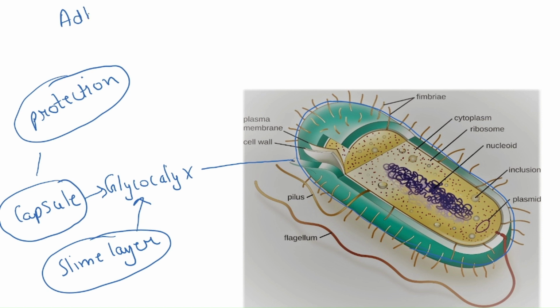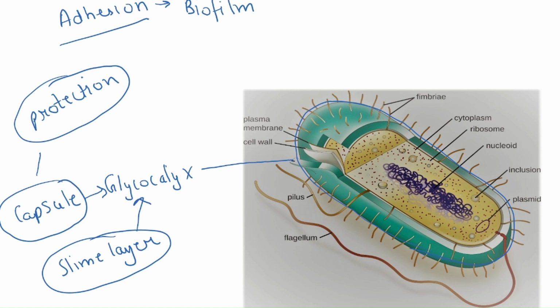How do they provide adhesion, and why is it required? Because of adhesion, bacteria form a biofilm. This biofilm provides bacteria protection against antibiotics, environmental stress, etc. Also, through adhesion, they access nutrients.